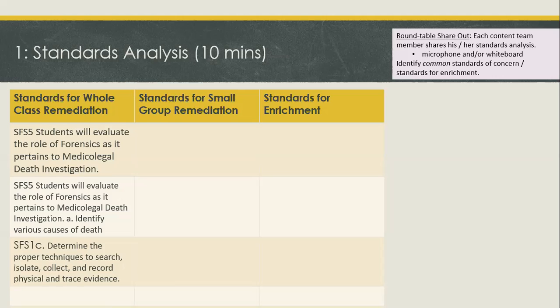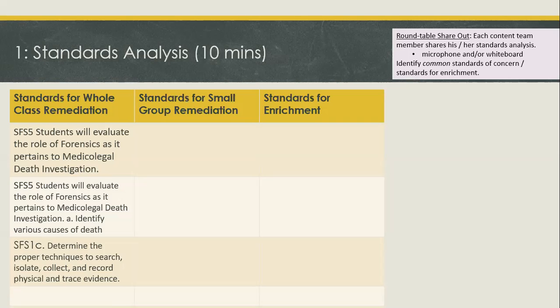First, the SFS 5, I broke into two parts because there were two different sections they missed. The first part is that students will evaluate the role of forensics as it pertains to medical legal death investigation. And then specifically, we had some issues with cause of death for that second standard.